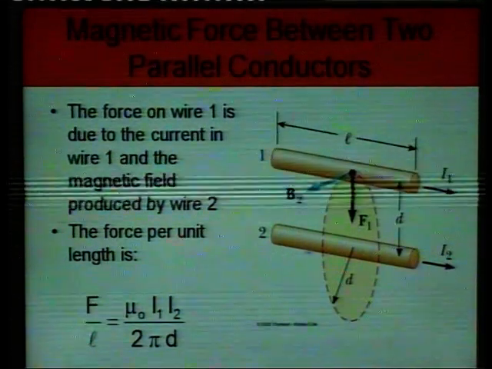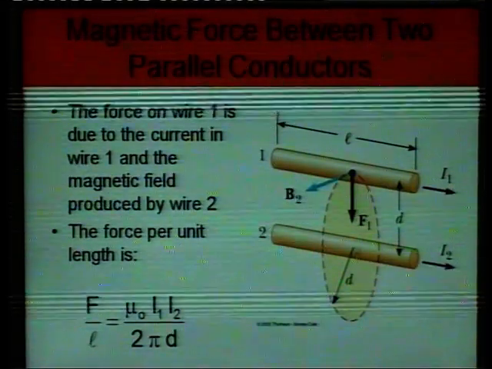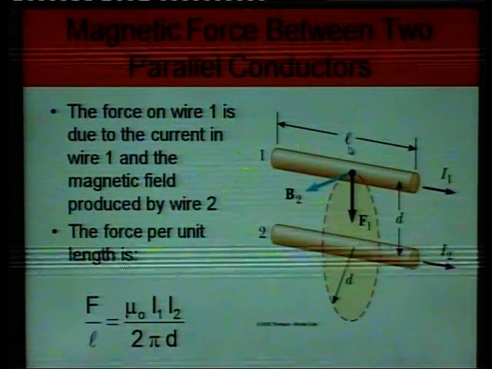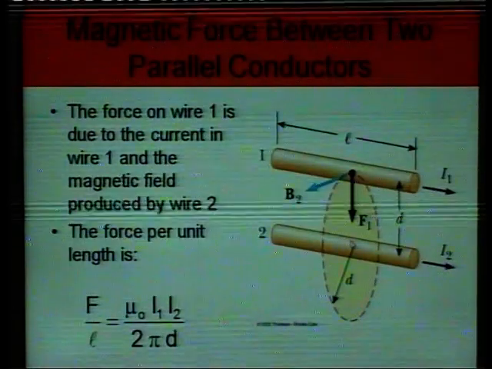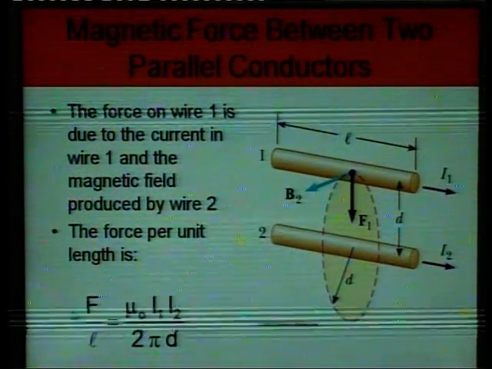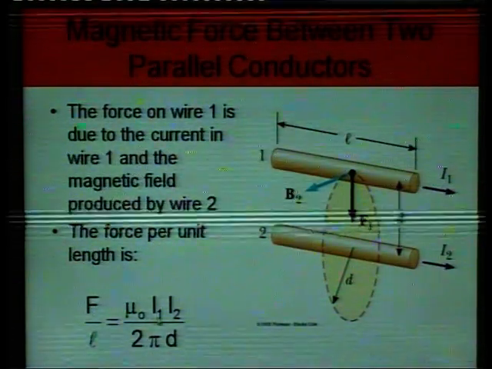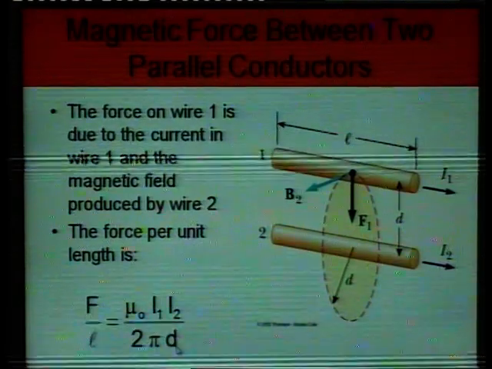We know a straight current carrying conductor develops a magnetic field around it. So both these current carrying conductors have a magnetic field around them, the fields will interfere with each other and they will exert force on each other, and the magnitude of the force per unit length is given as mu naught I1 I2 upon 2 pi d.